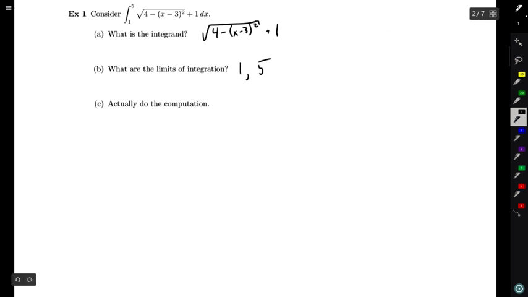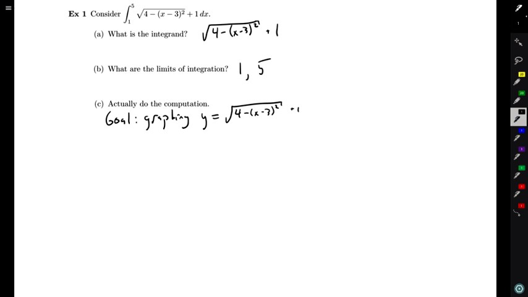So we want to think about having this goal in mind of graphing y equals root 4 minus (x minus 3) squared plus 1.